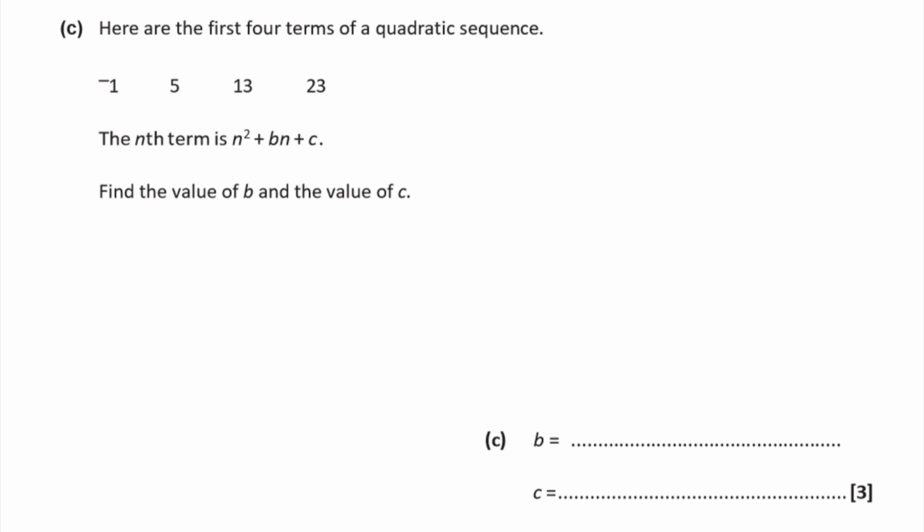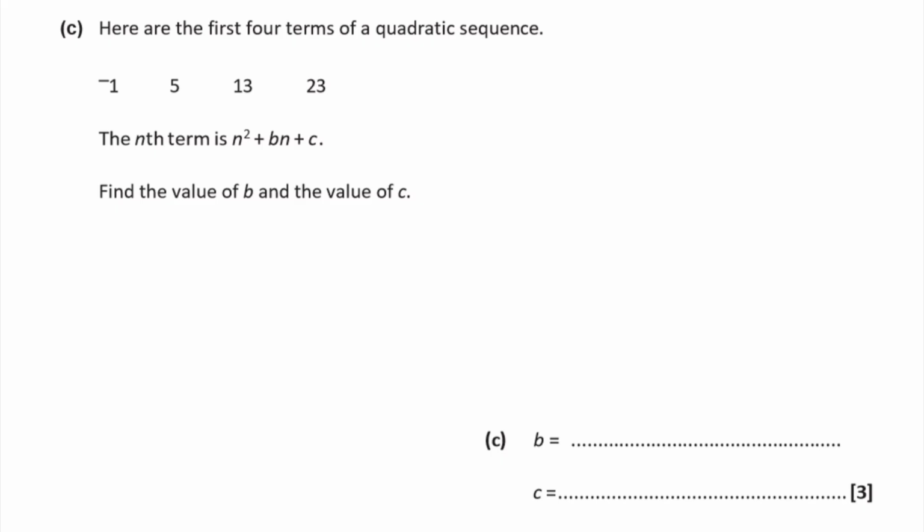Now there are different ways of working out the nth term of a quadratic sequence. Some people just do it by finding common second differences and halving that and whatever. I kind of like to do it algebraically because I'm a maths teacher.